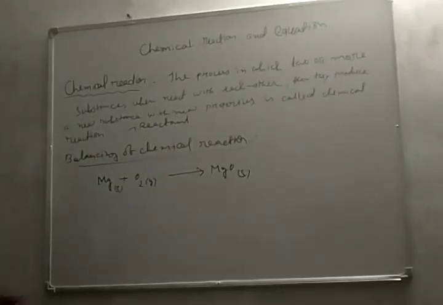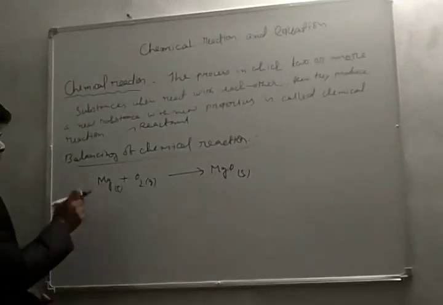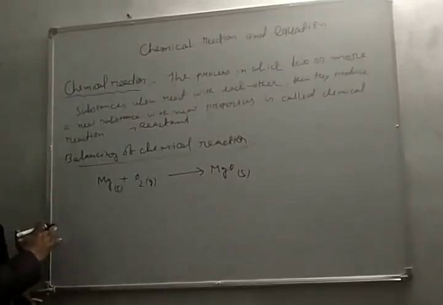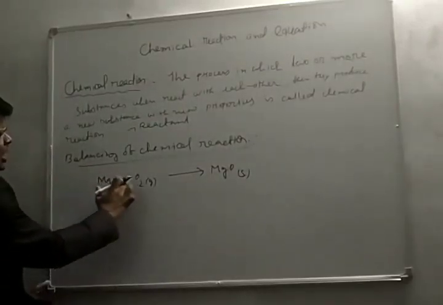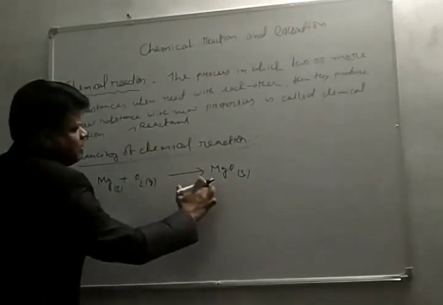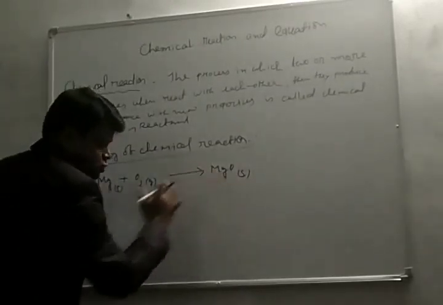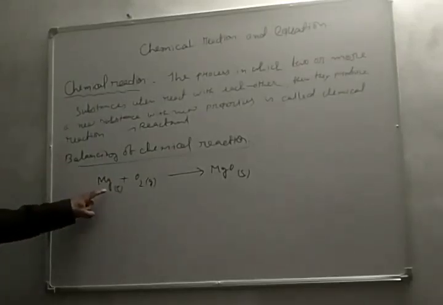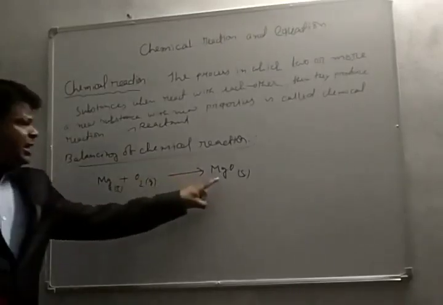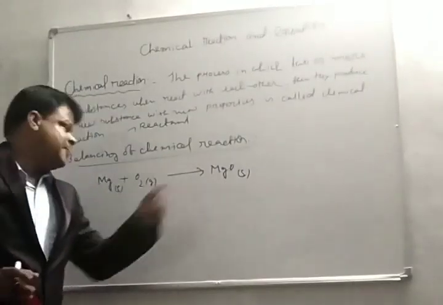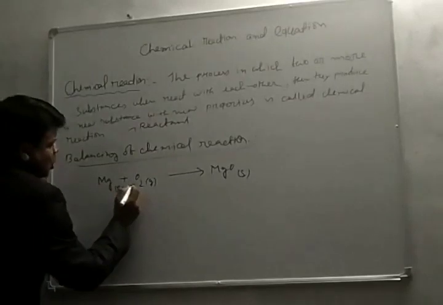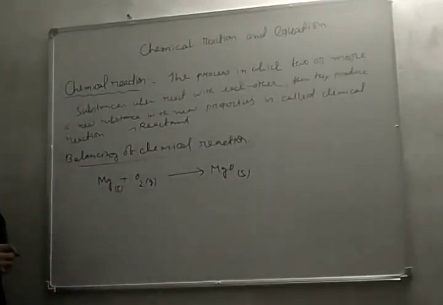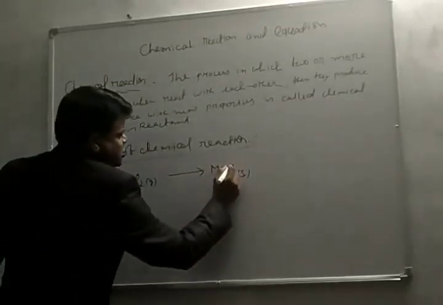In this reaction, magnesium and oxygen are in the reactant part, and magnesium and oxygen are also in the product part. Here one magnesium atom is there, and here also one magnesium atom. But here two oxygen atoms are there, and here one oxygen atom.